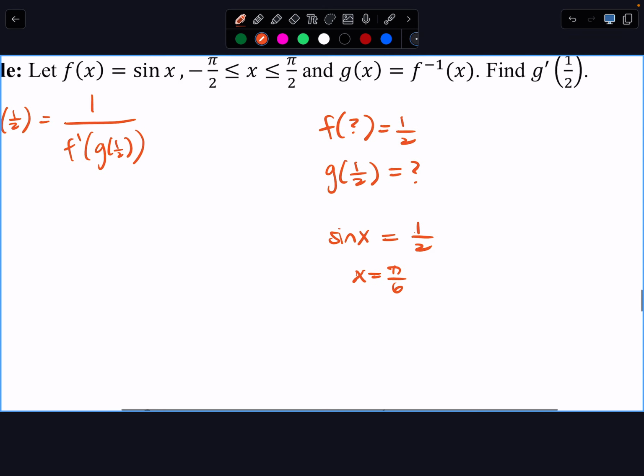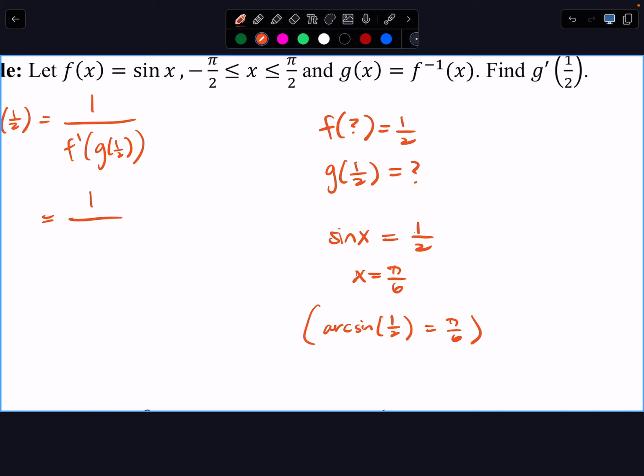Arc sine of 1/2 is pi over 6. Okay, so g of 1/2 is pi over 6.